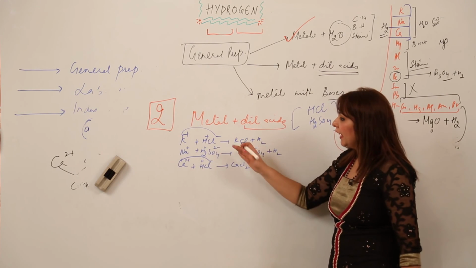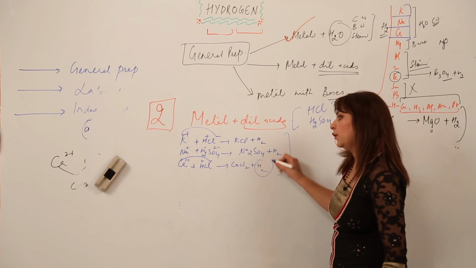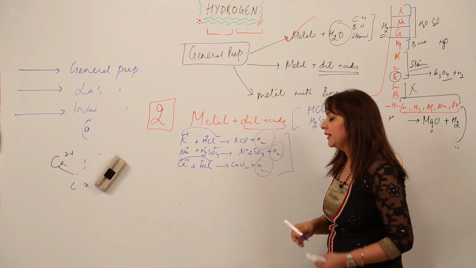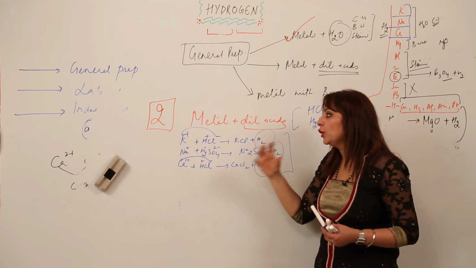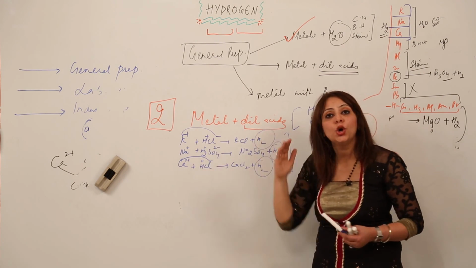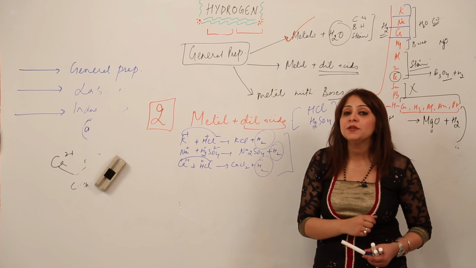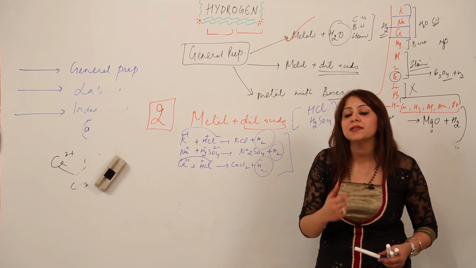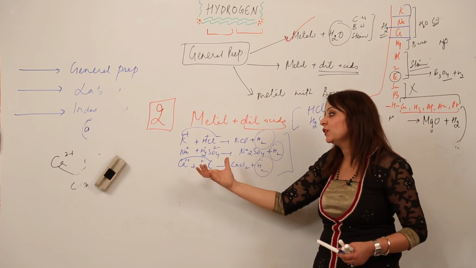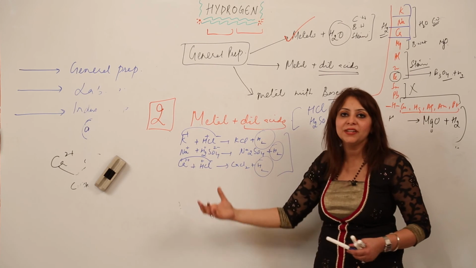So when they are reacting with it, obviously the hydrogen gas is liberated, but these reactions are not used, or you can say these metals are not used for preparing hydrogen from dilute acid. Now the question must be arising in your mind: what is the reason behind it, when they react so readily with the acids?